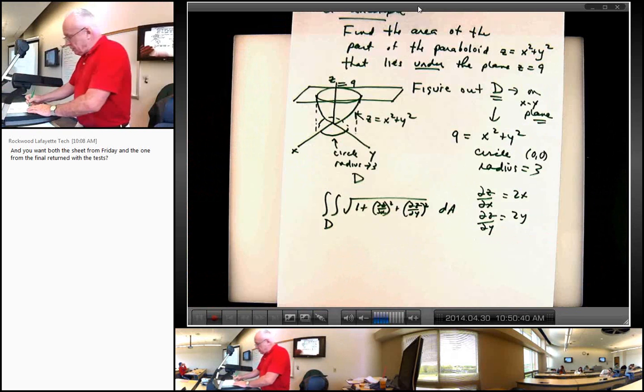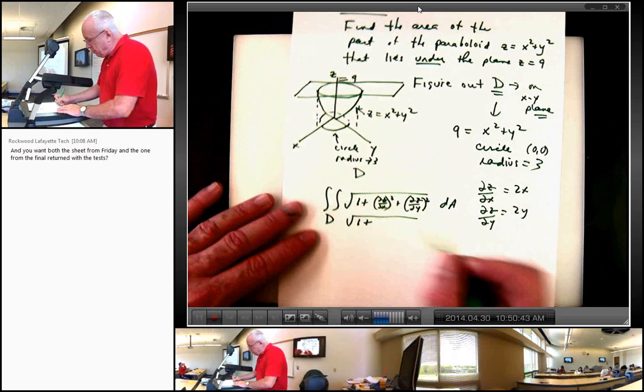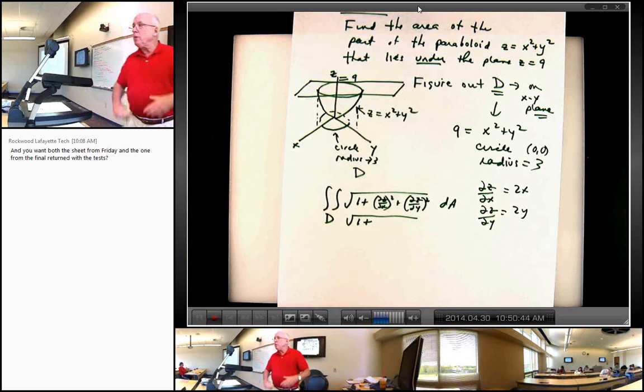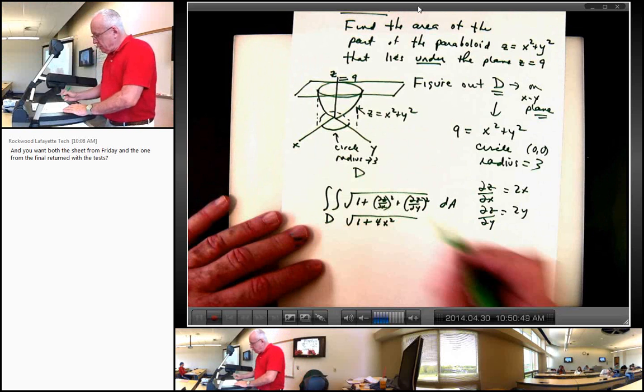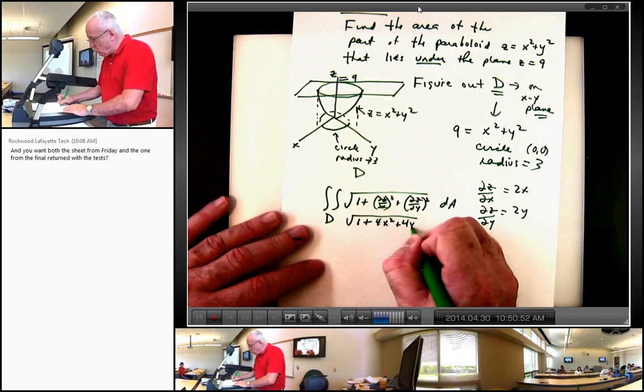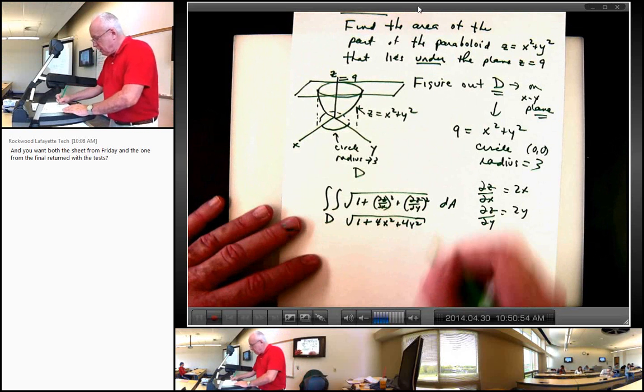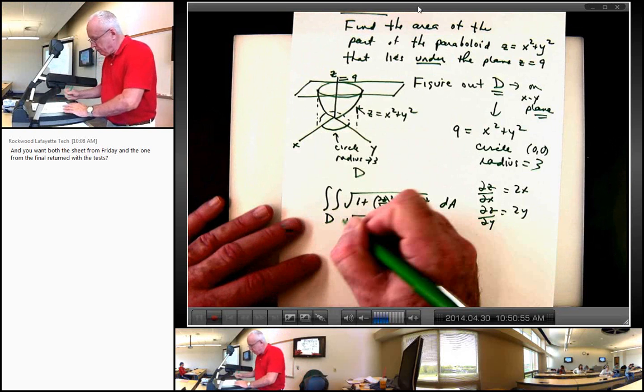So this is the square root of 1 plus (2x) squared, so that's 4x squared, plus dz/dy squared, which is 4y squared, dA.